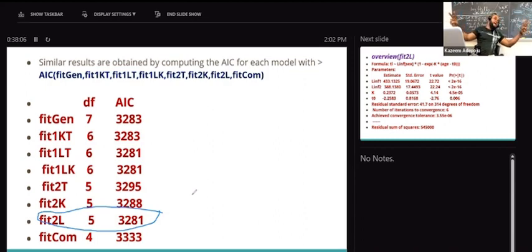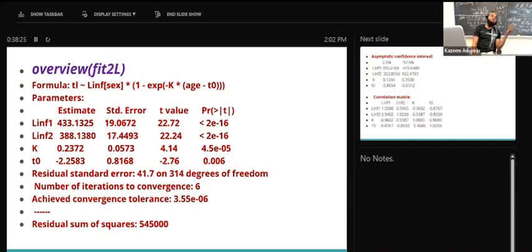When you see Phi2L, the parameters that are missing, K and T0, are common, but they're going to have separate L infinity. And that is the model that I'm actually going to fit at the end of the day. Now, I want to fit the best model now. I'm just going to write an overview of Phi2L, and I'm going to have these results. Any question? Go ahead.